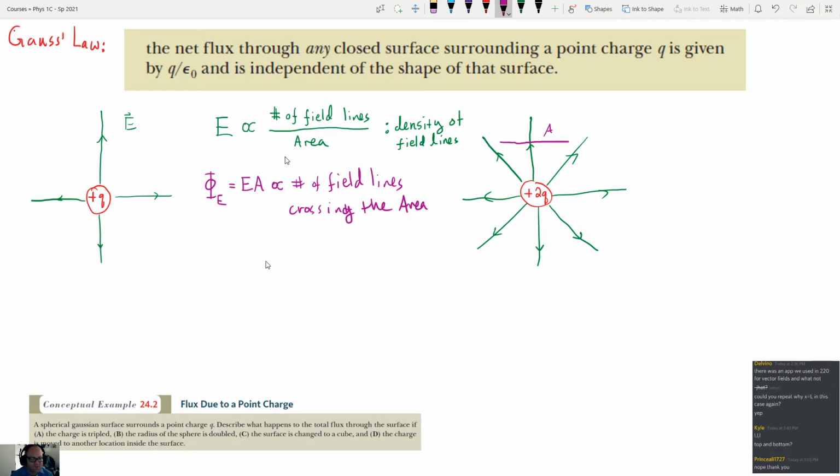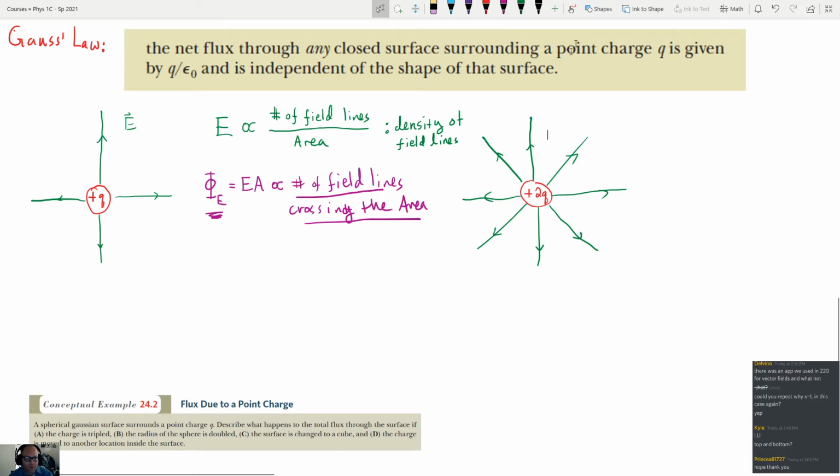Does that make sense? So this gives us a direct proportionality between flux and the number of field lines crossing the area. So the number of field lines that penetrate through your area is going to tell you basically something about the flux, right?